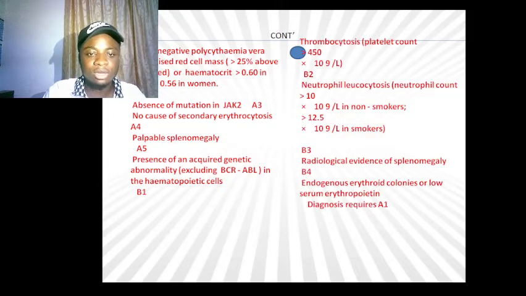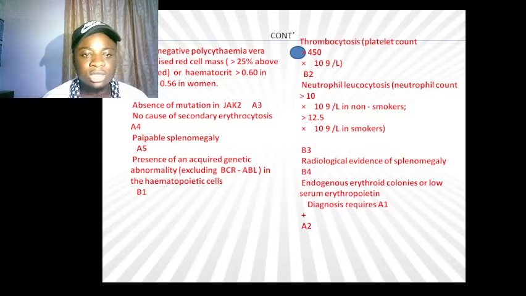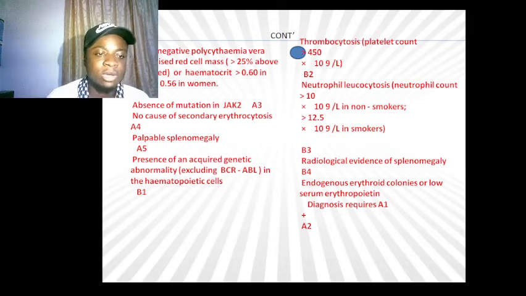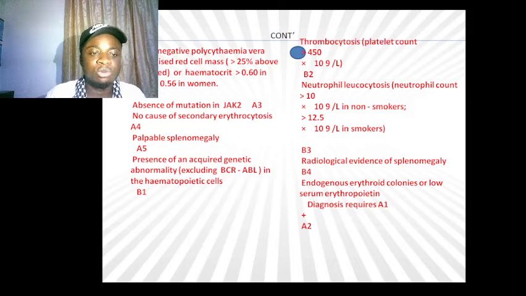So A1, we've spoken about that. A2, JAK2 mutation. A3, they check for no cause of secondary erythrocytosis. A4, if there is palpable splenomegaly. A5, presence of an acquired genetic abnormality. Here you have to exclude the BCR-ABL gene as seen in chronic myeloid leukemia.